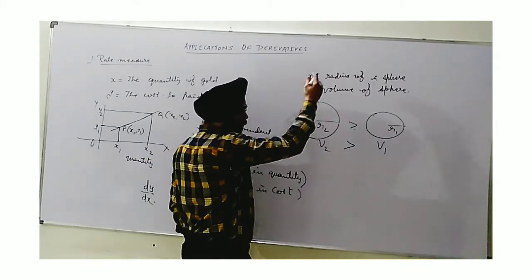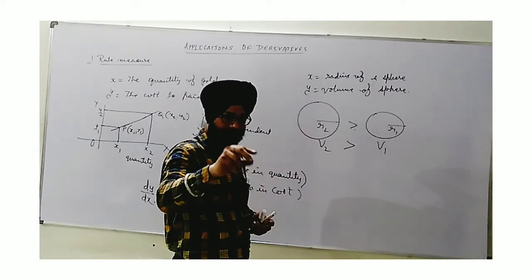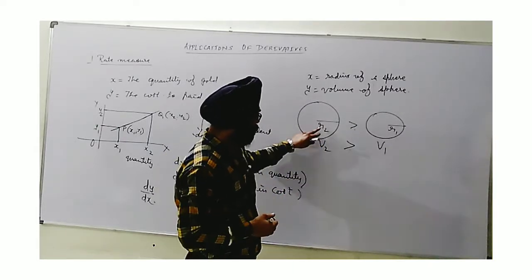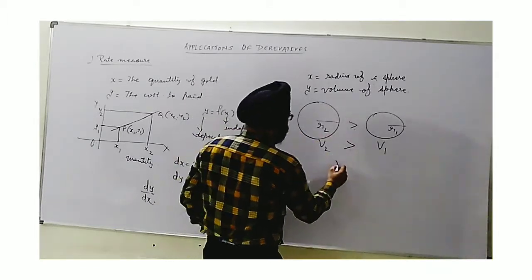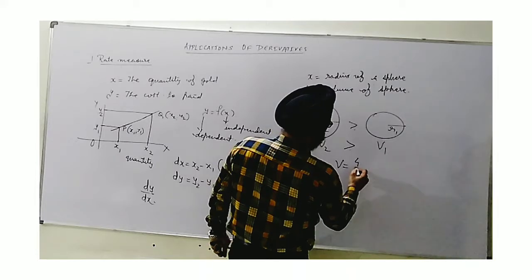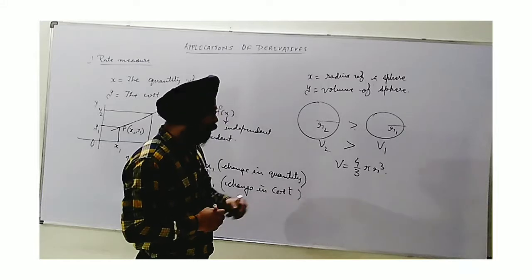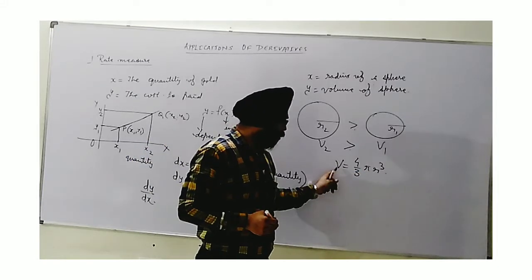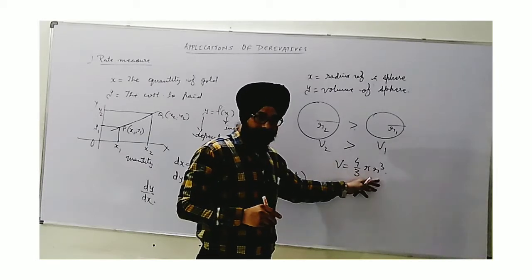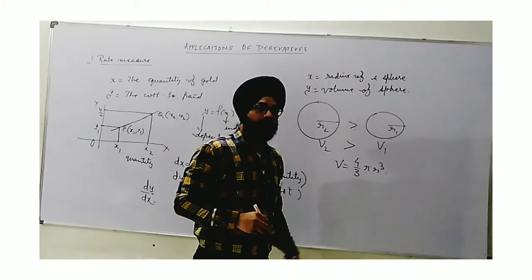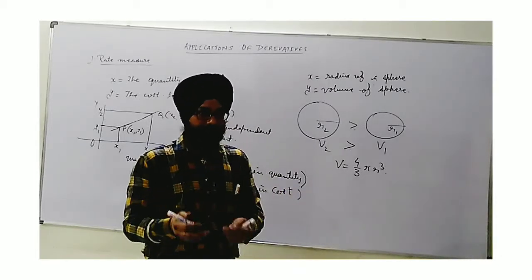And obviously if volume is a function of R, then surely there is a relation between volume and radius. What is the relation? That we have to obtain using a formula. Volume of a sphere is written as 4 by 3 pi r cube. So this relation shows that volume is a function of R. Whenever two quantities are given, and one is dependent on the other, for sure we must have some equation relating them.